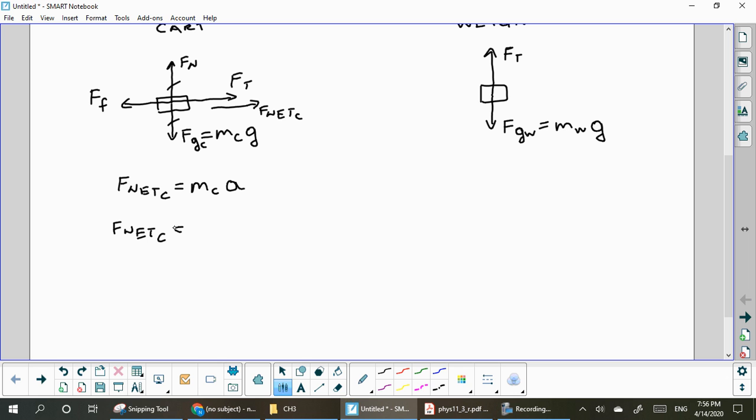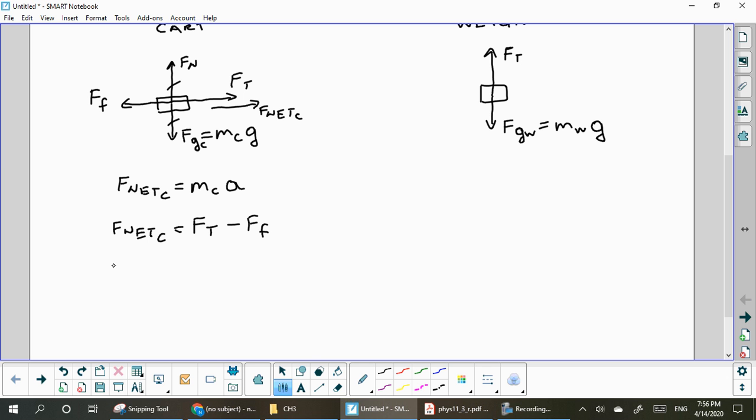In this case, we have the two forces that are creating this acceleration, which are tension and force of friction. Because the cart is going to be moving to the right, I'm going to express it as tension force minus force of friction. So we have two expressions for F net for the cart, and we can make these two equal.